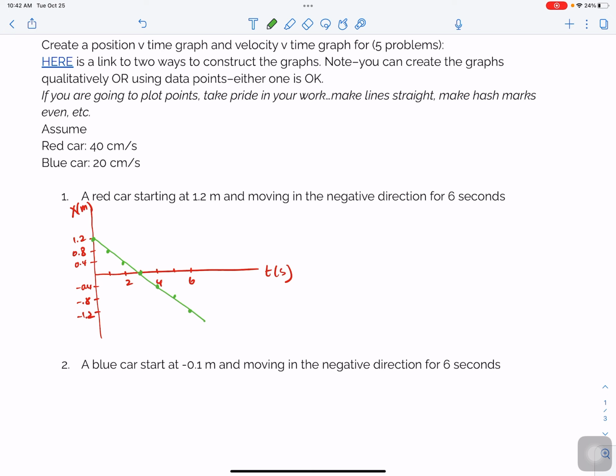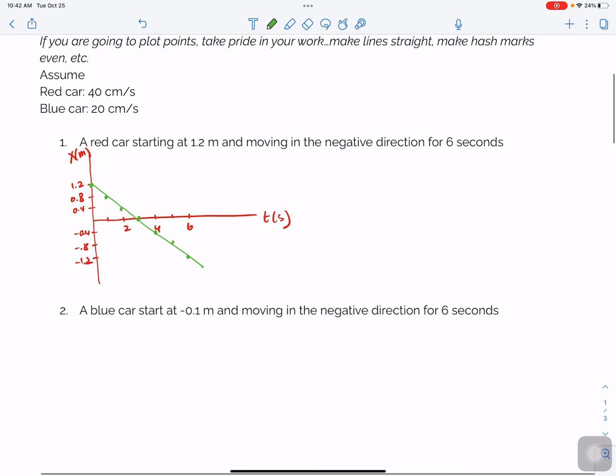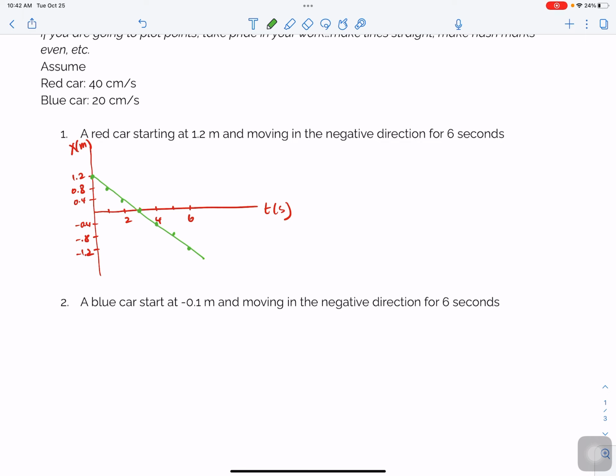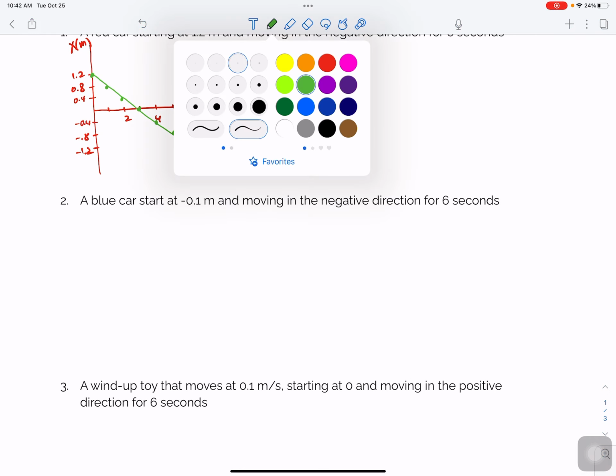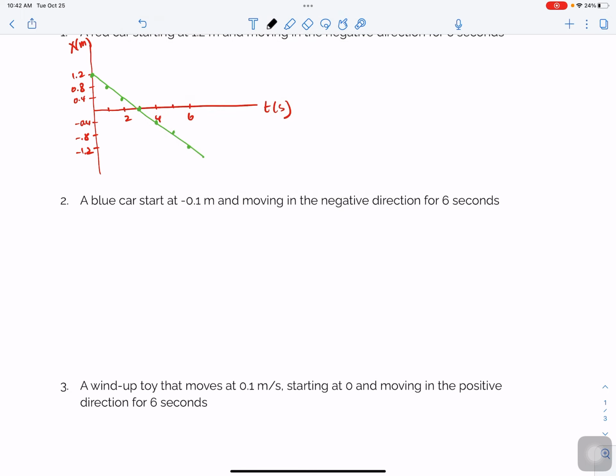All right. A blue car starting at negative 0.1 meters and moving in the negative direction for 0.6 seconds. All right, this one was a little bit trickier because my blue car is moving at 0.2 meters per second.